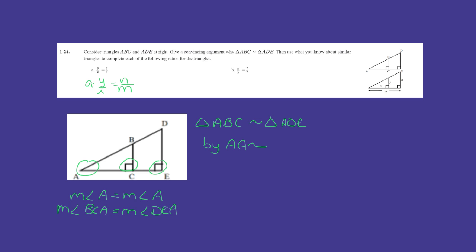And then B, we would have N over Y equals M over X, because we're using the corresponding sides from each triangle to compare and set up our ratios. That answers that question. Hopefully those of you who had me for geometry last year got this right all on your own. Thanks. Moving on.